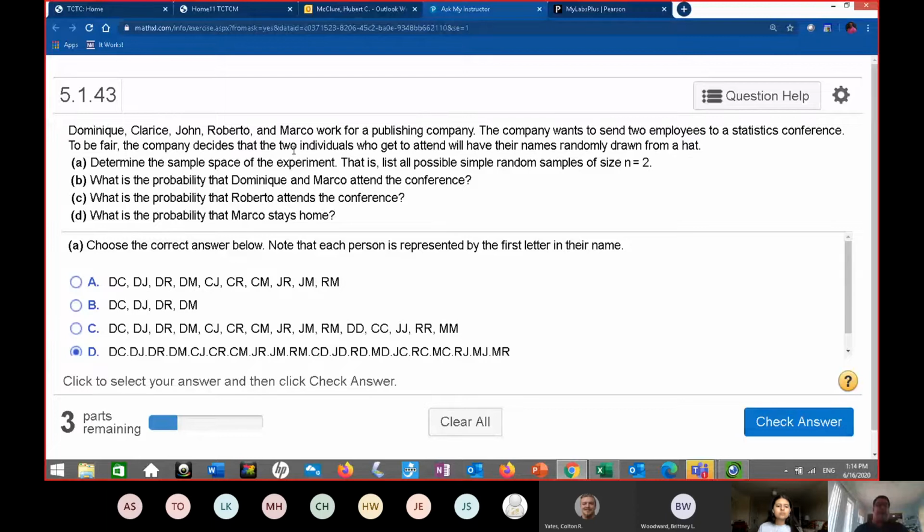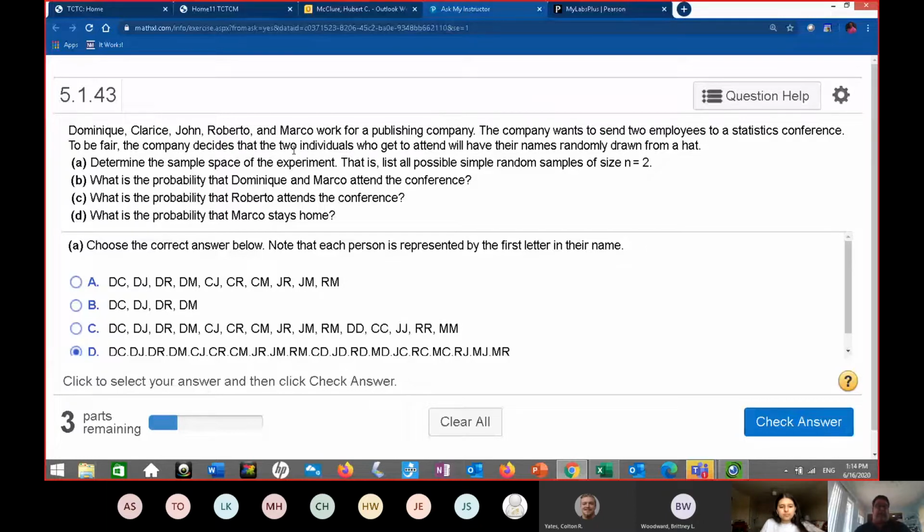Then I would not include John and Clarice, nor John and Dominique, but I would go John, Roberto, John, Marco. Then Roberto, Marco. So I would say probably A, because that excludes the overlaps. When you're talking about people being picked, you don't include the ones that are the same.